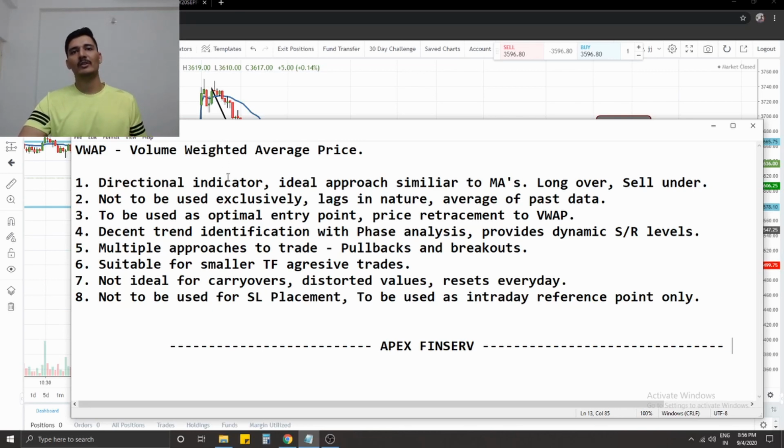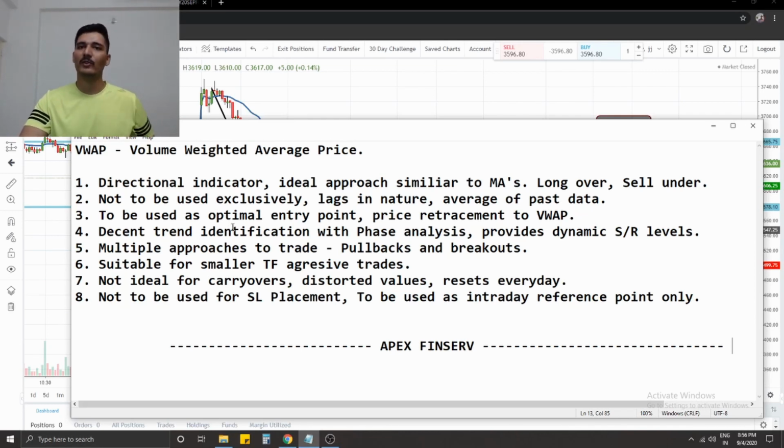Moving on to the second point, it is not to be used exclusively. Now, it is an indicator at the end of the day. No matter how efficient it gets, it still remains an overlay indicator. It's still going to be a lagging indicator because, at the end of the day, you cannot deny that it is simply a cumulative average of the previous data that it is using to display the curve on your graph.